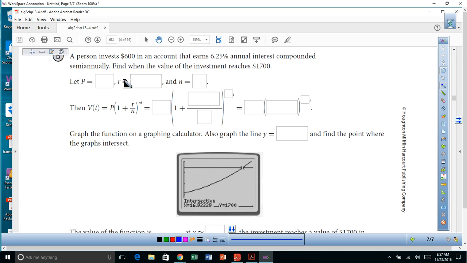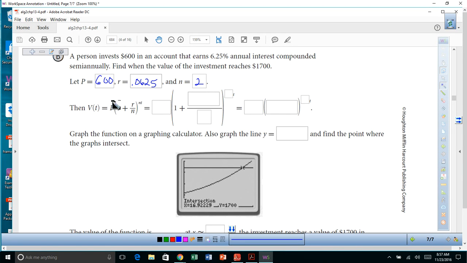So B, a person invests $600 in an account that earns 6.25% annual interest rate, compounded semi-annually. Find when the value of the investment reaches $1,700. So the principal is $600. The rate is 0.0625, and n is semi-annually, so that's going to be twice, right?